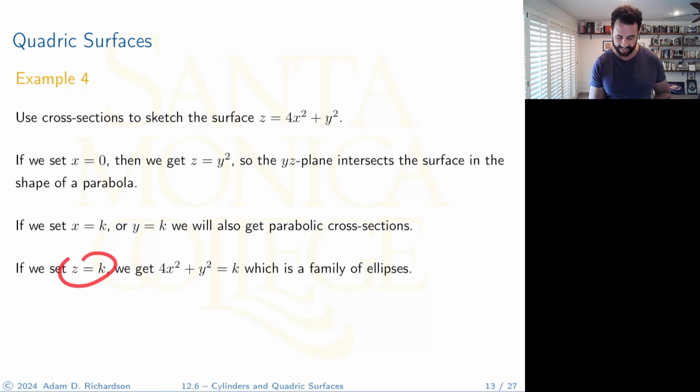If we set Z equal to a number, we get something that looks like this, and that's an ellipse, right? Just like we saw before, again, you could normalize this, divide everything by k, and you're going to get a squished circle, which is an ellipse. So in two dimensions, we've got parabolas, and then in the last dimension, we've got ellipses.